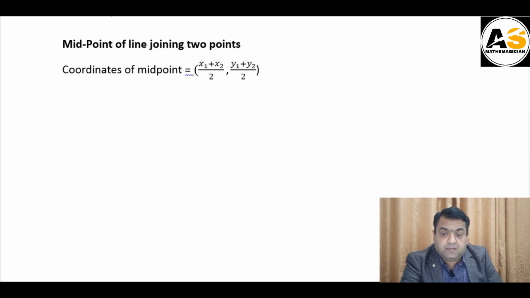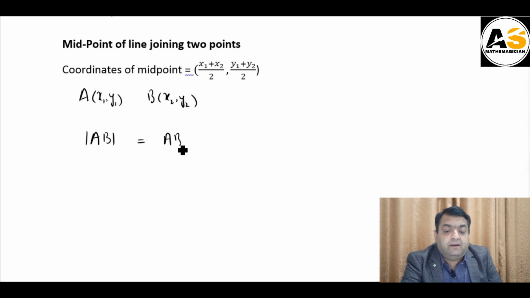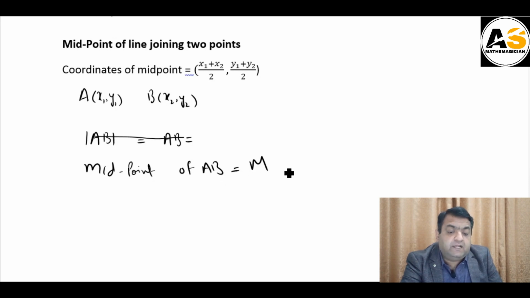Suppose 2 points A and B are given by A (x1, y1) and B (x2, y2), and we have to find the midpoint of AB, suppose it is M. M will be given by x1 plus x2 over 2.